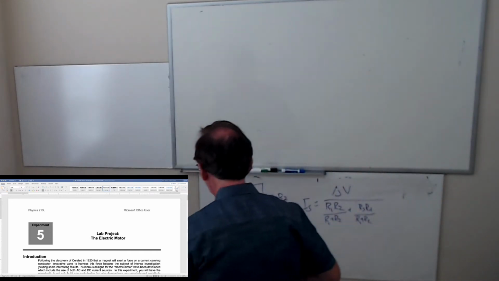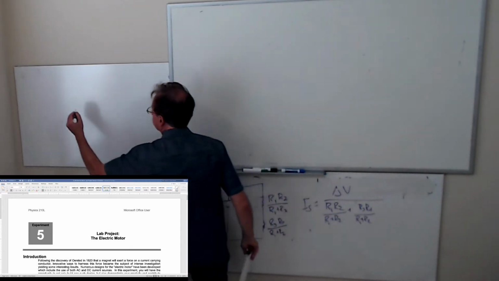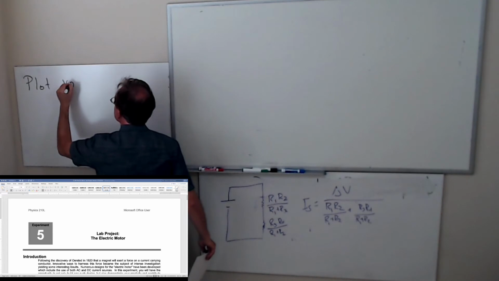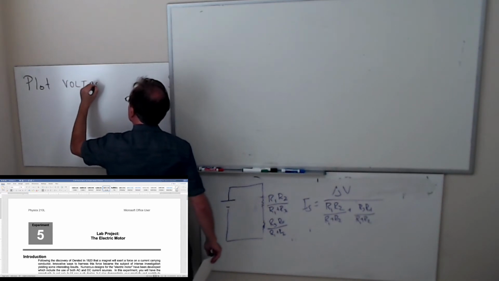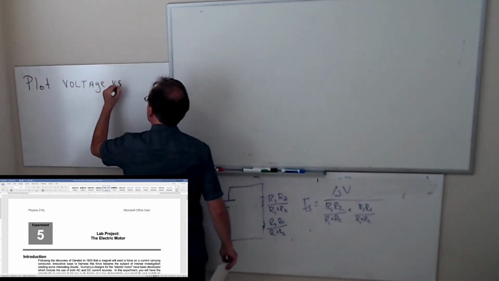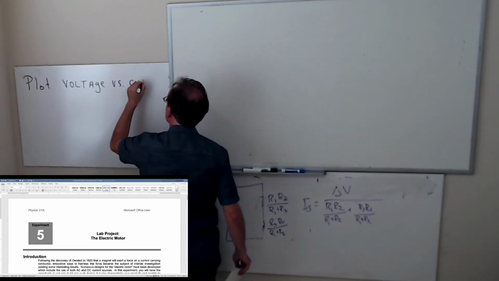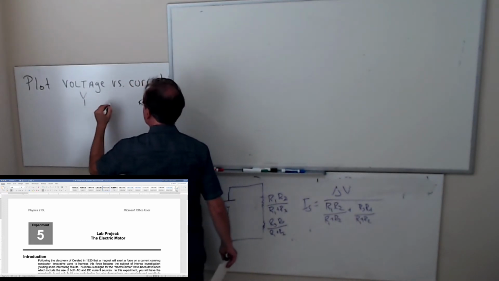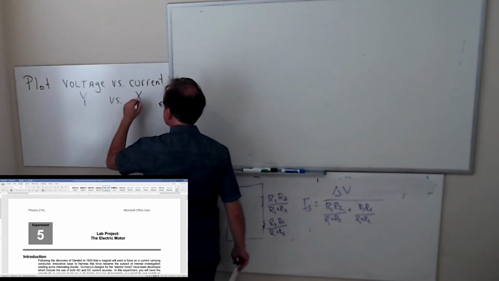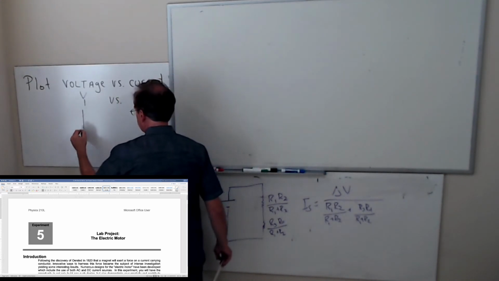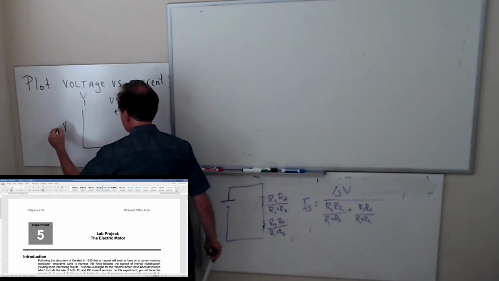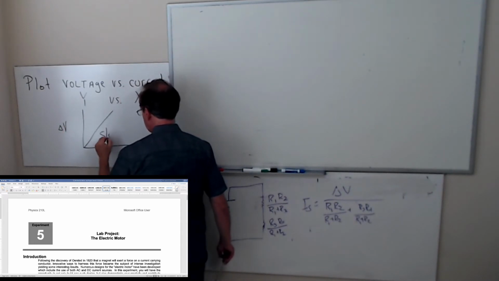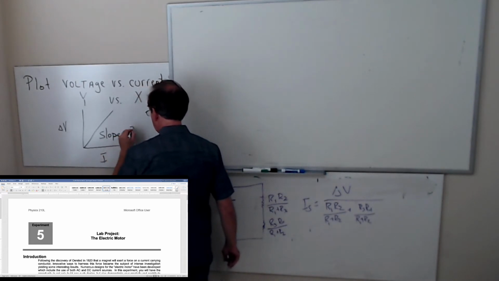When you're asked to plot voltage versus current, what this means is you're plotting Y versus X. This is Y, that's X. So your graph then should be voltage here and I here. And then the slope is R.